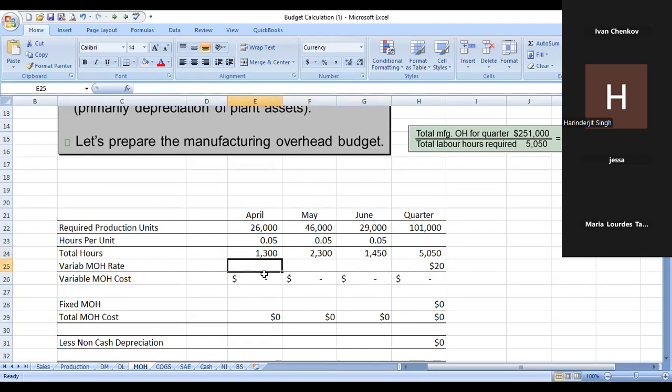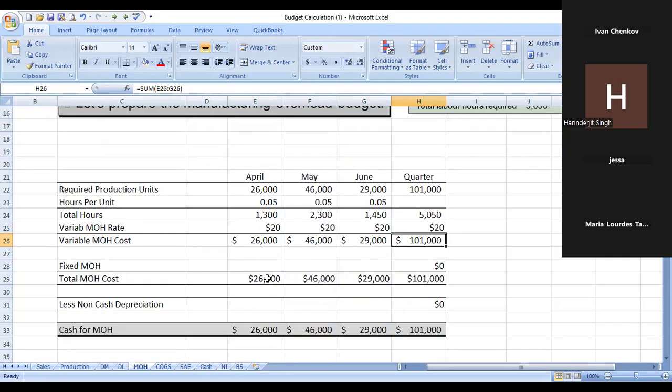For those hours, we're going to apply $20 variable manufacturing overhead, and we're going to see that our variable manufacturing overhead costs for the quarter is $101,000. And that will be our total manufacturing overhead.